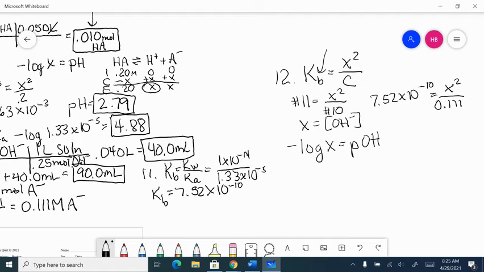So the answer for X is 9.14 times 10 to the minus 6.